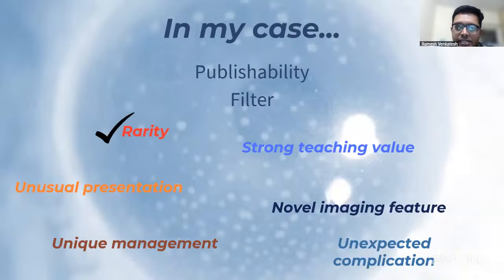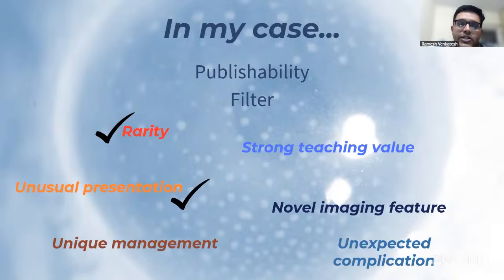Now, in our case, there was something quite unique. One is the rarity of intraocular inflammation being seen with one of the newer, second generation anti-VEGF agents. It is definitely not a frequently reported intraocular complication which we come across with intravitreal anti-VEGF agents.